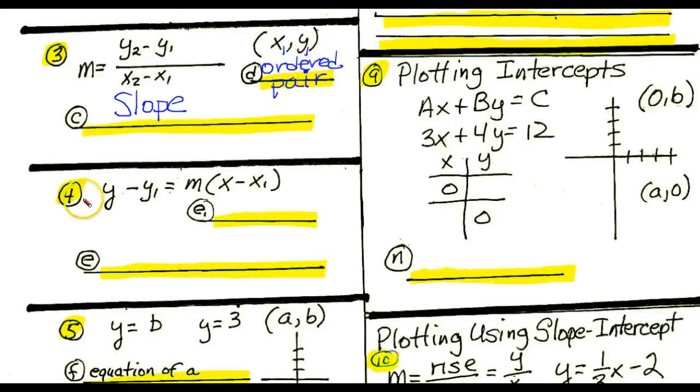Okay, going on to Formula 4. Now this is one we'll use in Section 5 of Chapter 3. And you might note that there is a y sub 1 and a x sub 1. And there's also an m.